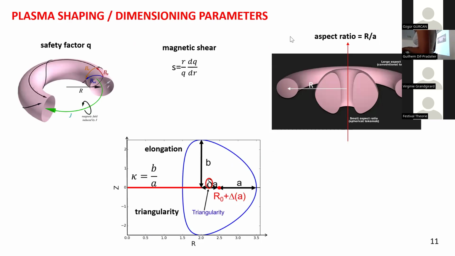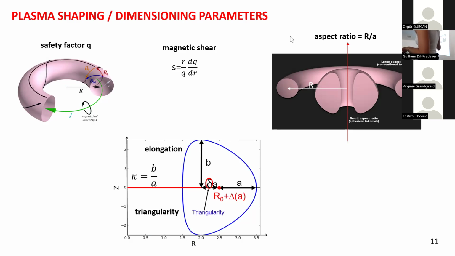The safety factor is a plasma parameter related to the helicity of the magnetic field. Magnetic fields have some helicity, and the safety factor measures the toroidal turns that the magnetic field line does with respect to the poloidal turns. The magnetic shear is the shear of this quantity.